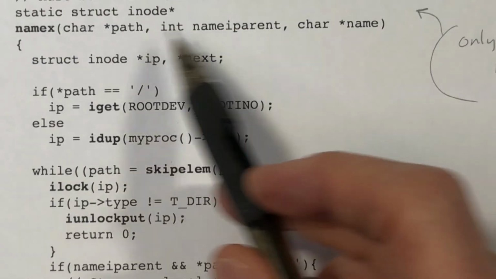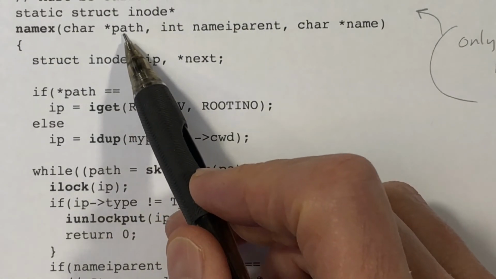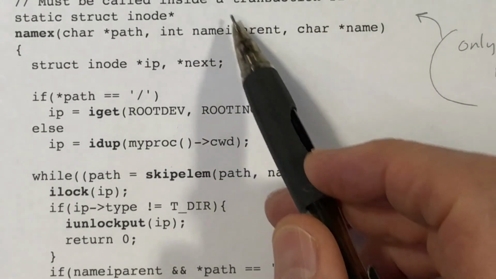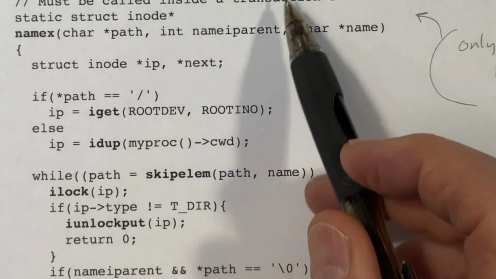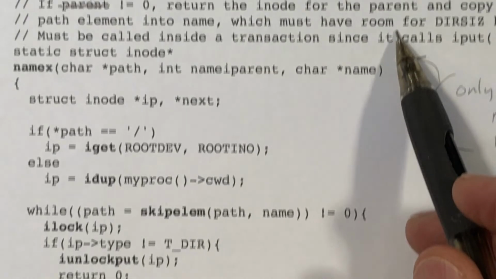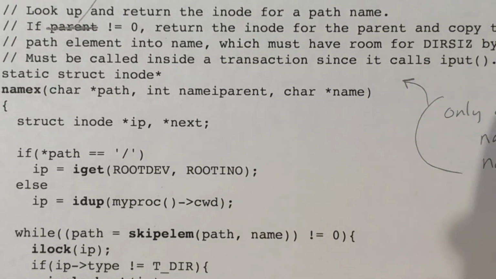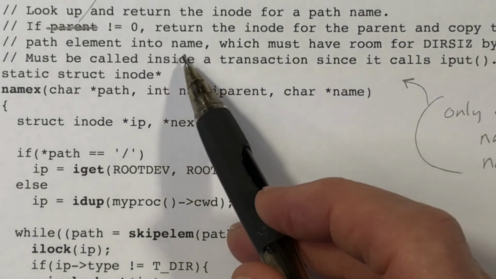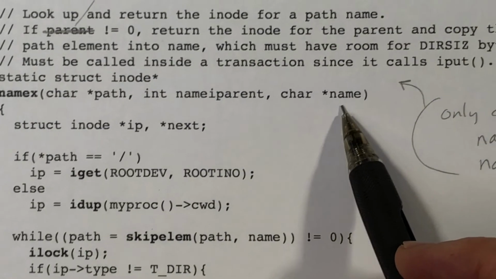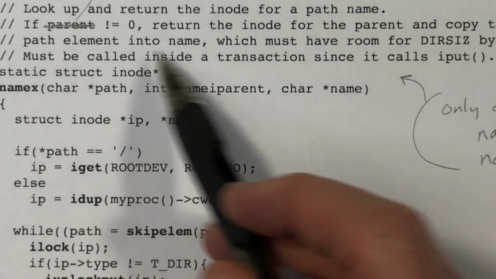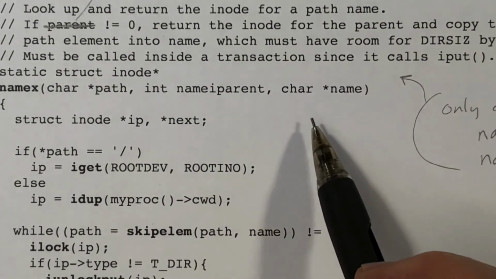Okay, so let's take a look at nameX. It is passed a pointer to the path, and then this flag, nameI parent. If this flag is 0, then we will return the inode for the parent, and copy the final file name into the name area. Otherwise, we will open that file directly.